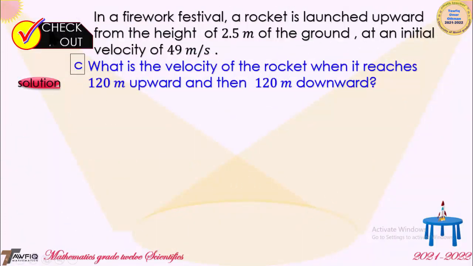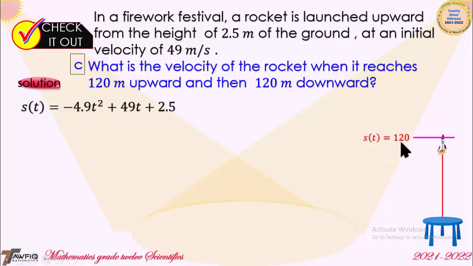Check it out. What is the velocity of the rocket when it reaches 120 meters upward and then 120 meters downward? When the rocket reaches 120, that means s(t) is 120, so minus 4.9 t squared plus 49t plus 2.5 is equal to 120.